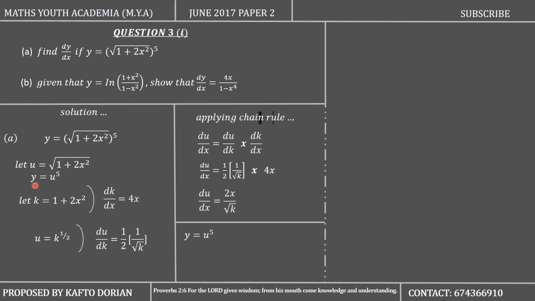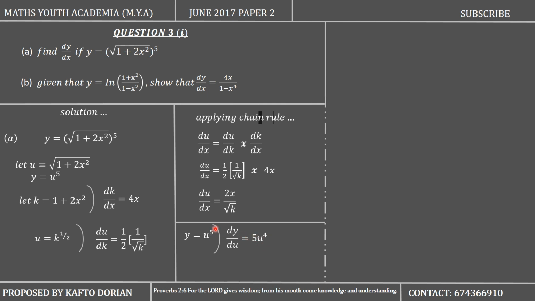We have now y equal to u raised to the power 5. We need now to find the derivative of dy on du before proceeding to dy on dx, still using our chain rule application. Differentiating dy with respect to u, we'll be having 5u raised to the power 4.